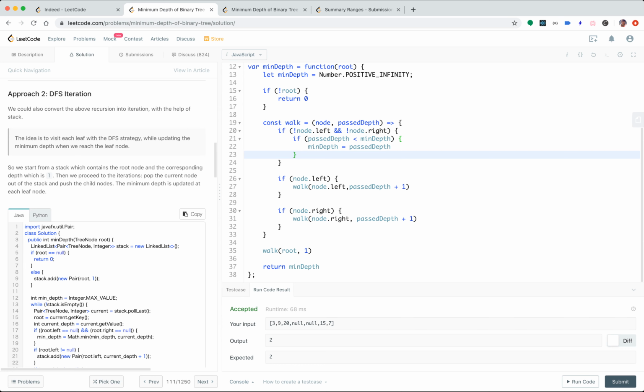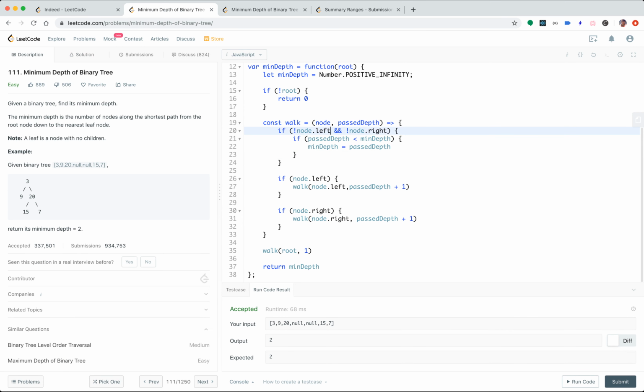So let's try to rewrite it into DFS iteration. DFS is very simple.